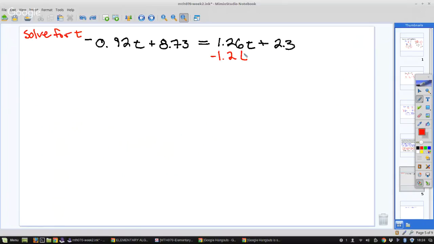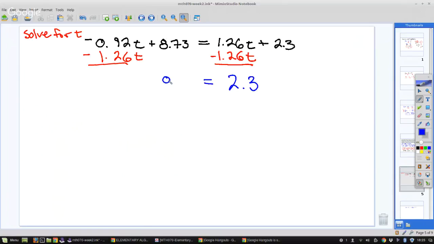From both sides, and I'm going to line up my like terms. So balancing the equation and doing the same thing on each side. 1.26 t's minus 1.26 t's is a net result of nothing. That zeroes out, leaving me just a 2.3 on the right side.